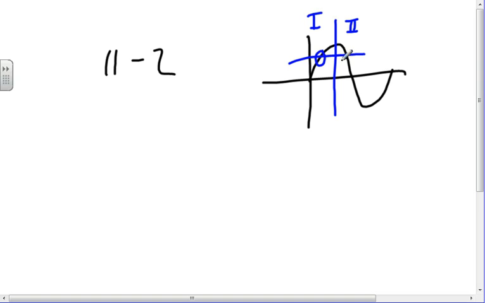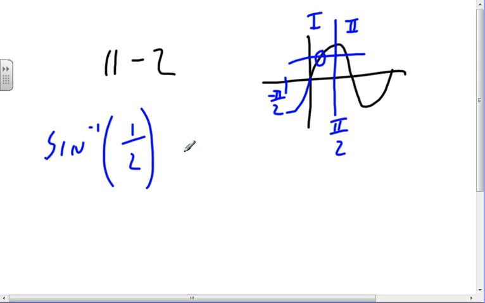Your arc sine function only gives you answers between minus pi over 2 and pi over 2. But the sine function is positive in the first and second quadrant. So if I take the arc sine of 1/2, I get 30, but that's only this answer.